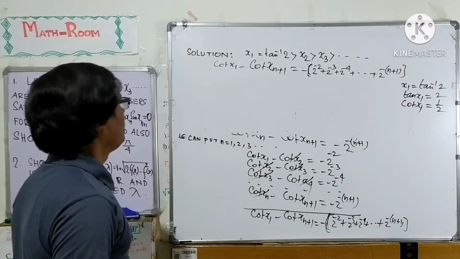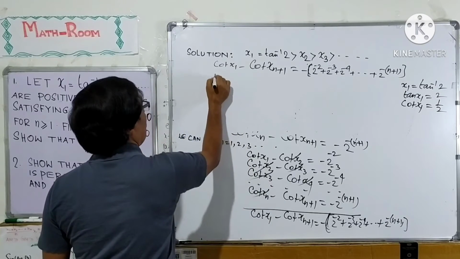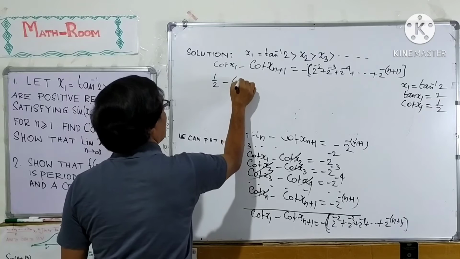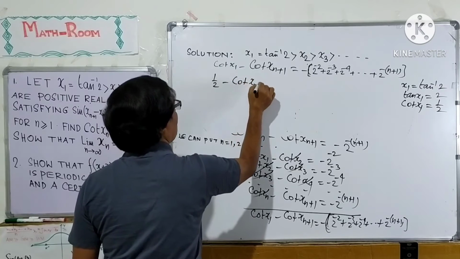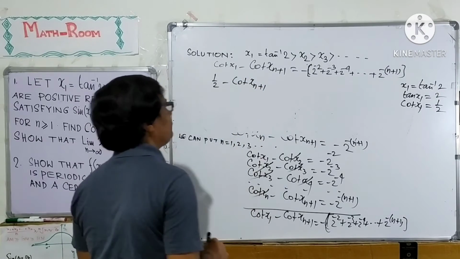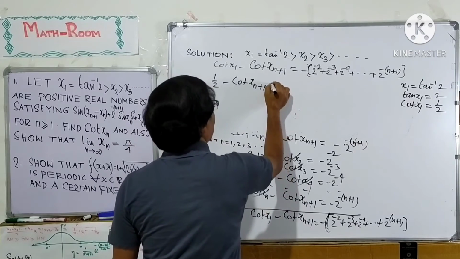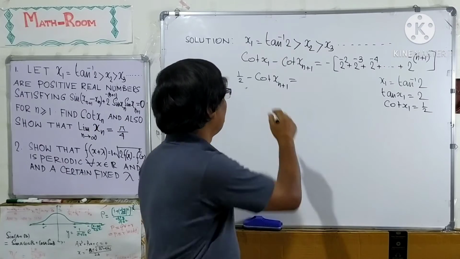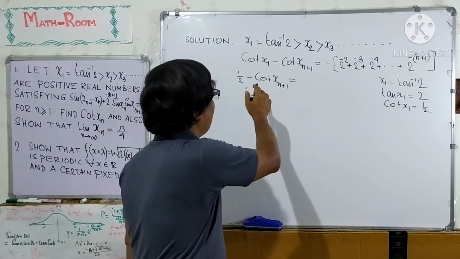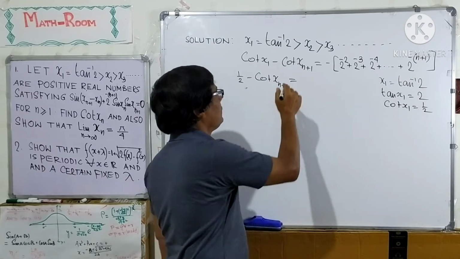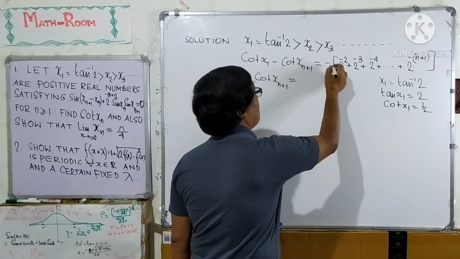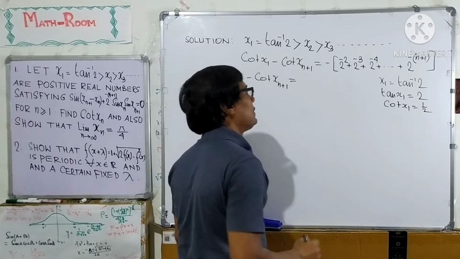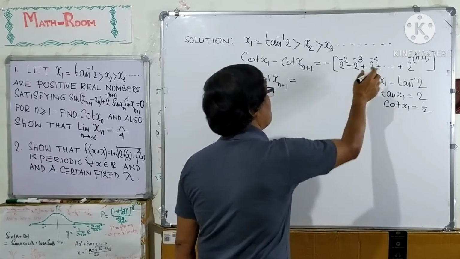So, half minus cot xn plus 1 equal to, we can write, the right hand side is a geometric series.